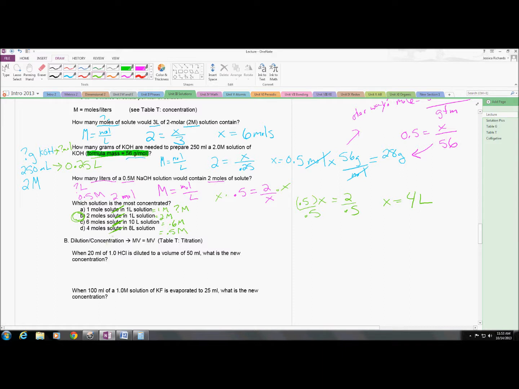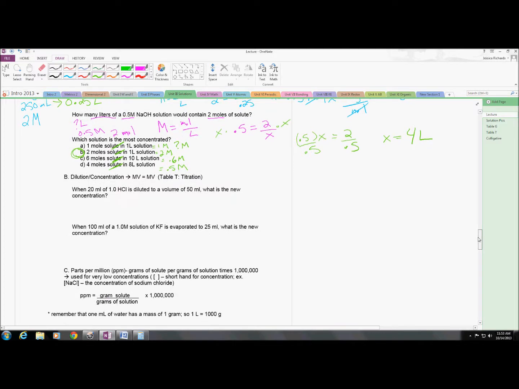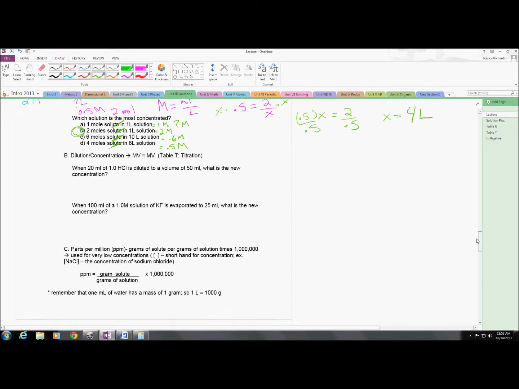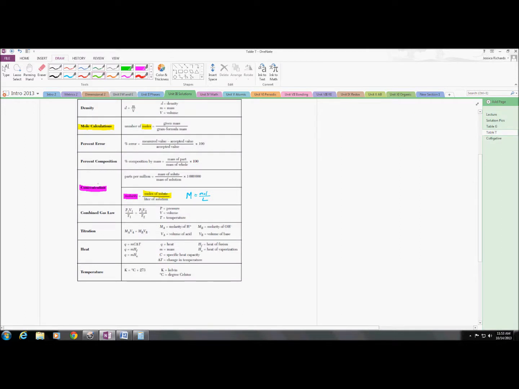All right. There's another equation that involves molarity on your reference table, and it's not always obvious that we can use it for these concentration problems because the box that it is listed under says titration. So let's take a look at that on Table T. Down here, titration. Titration is a special lab technique that we'll use for acids and bases. When you look at this equation, they have these little A's and B's down here.